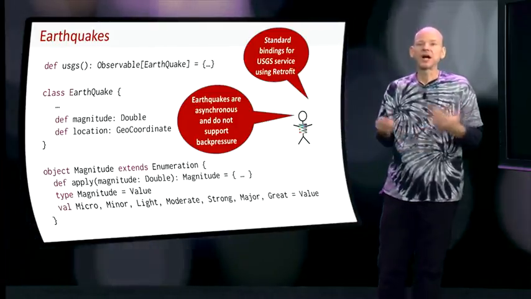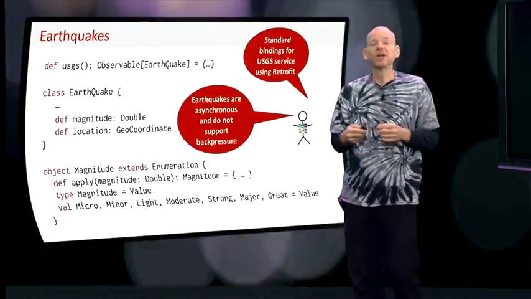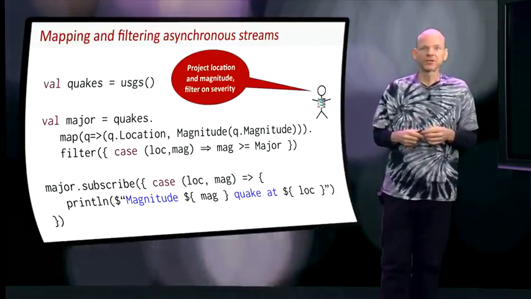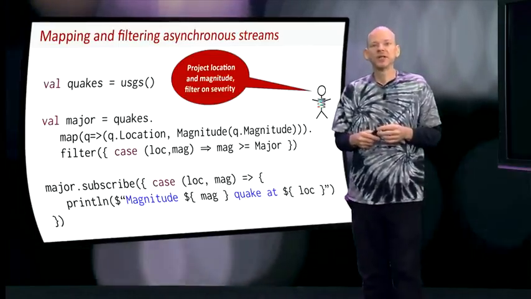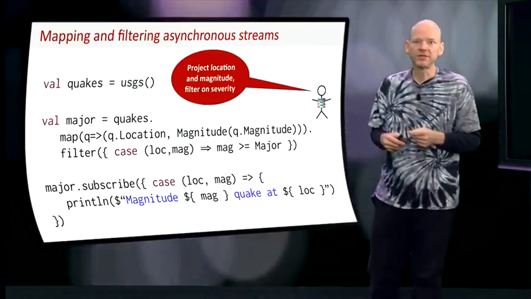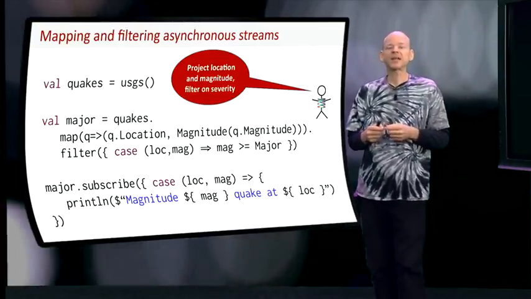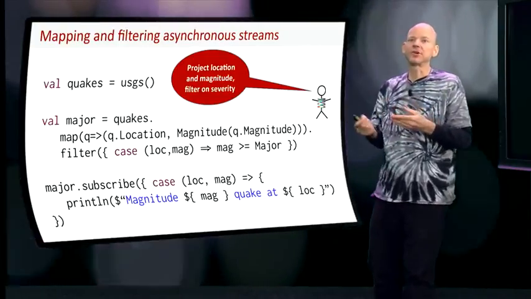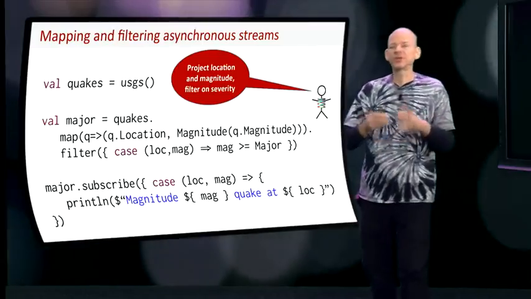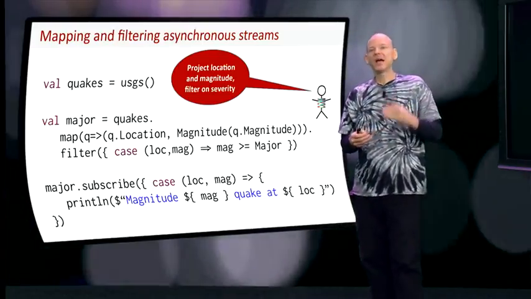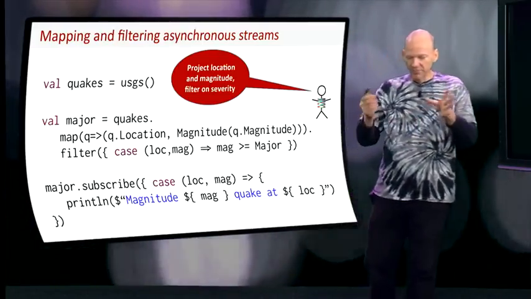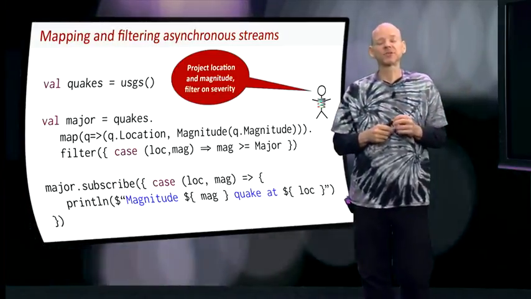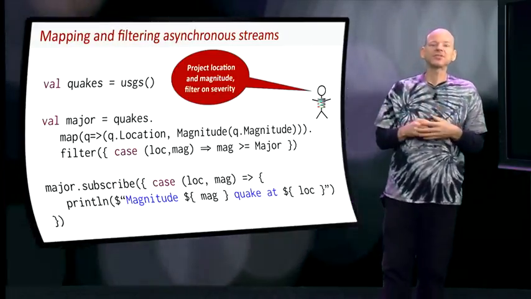What we're going to do now is some simple queries over earthquake streams. The first thing that we want to do is find out the location and the magnitude of all major earthquakes. In the previous example, you saw that we had an enumeration that mapped the number that you get from the geological earthquake service into a magnitude.